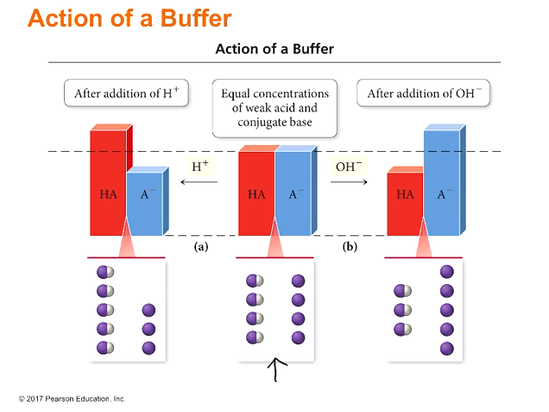But if we add base to this buffer, that's going to react with the acid. So we're going to see a decrease in the amount of acid after it reacts, and we'll see an increase in the conjugate base. Down below, I'll write out the reaction that's occurring here.